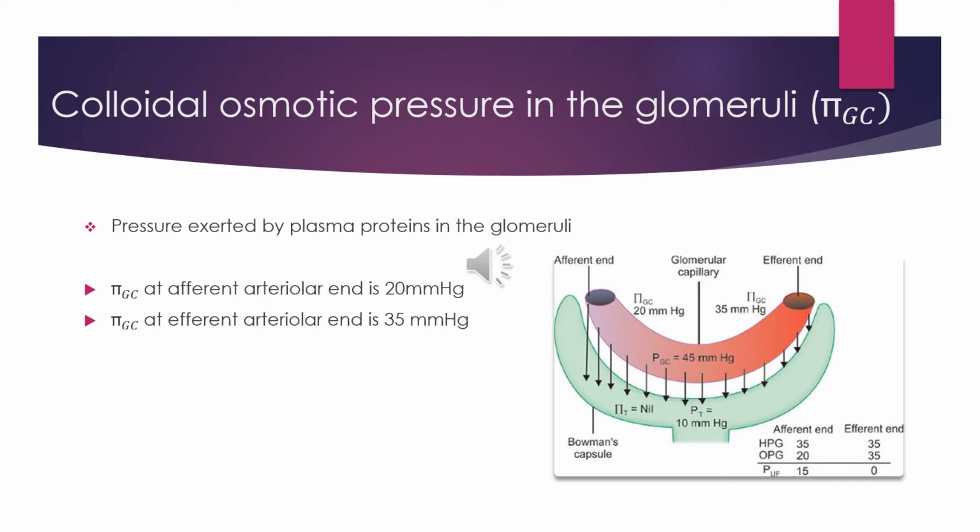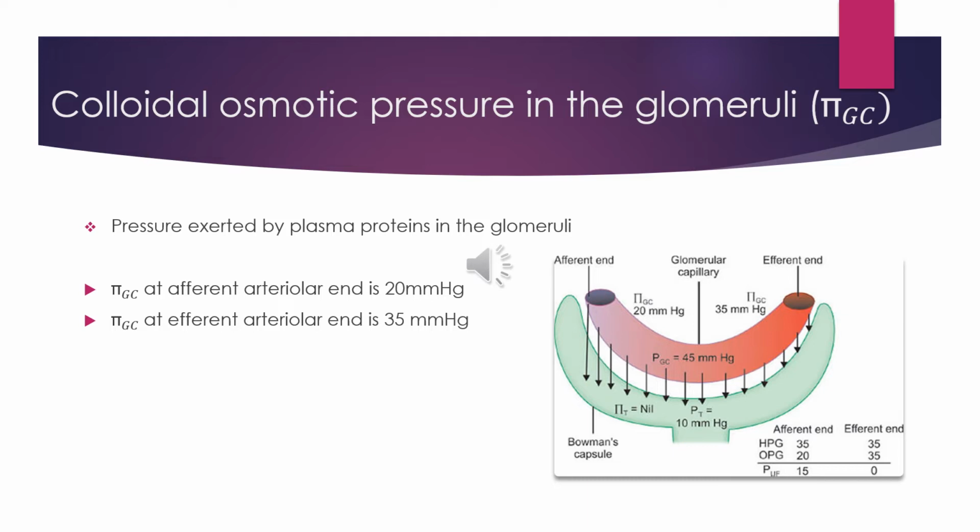So, the pressure exerted by the proteins also increases at the efferent end. See, the pressure exerted by the proteins at the afferent end is about 20 millimeters of mercury, but it becomes about 35 millimeters of mercury by the time it reaches the efferent end of the arteriole, because the proteins cannot pass through the filtering membrane and it will remain in the blood itself.